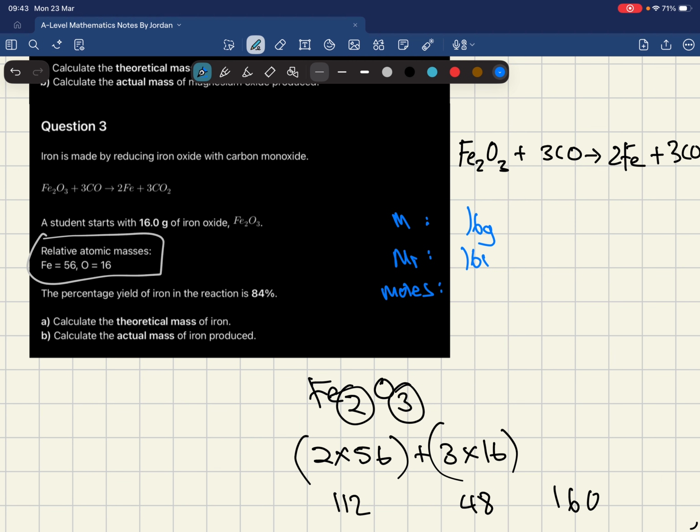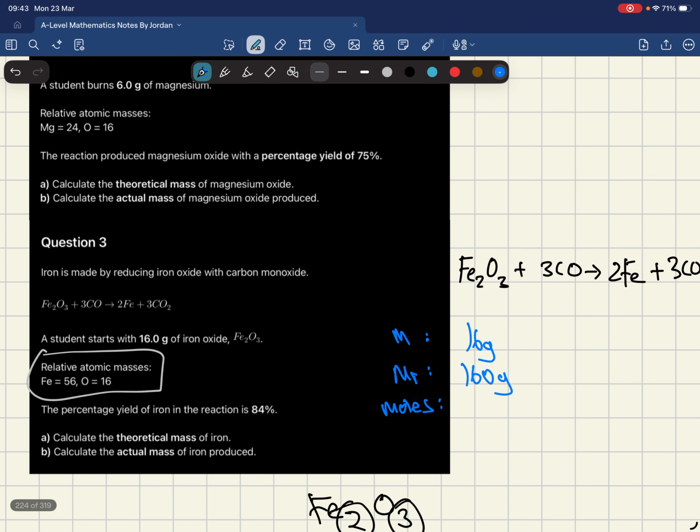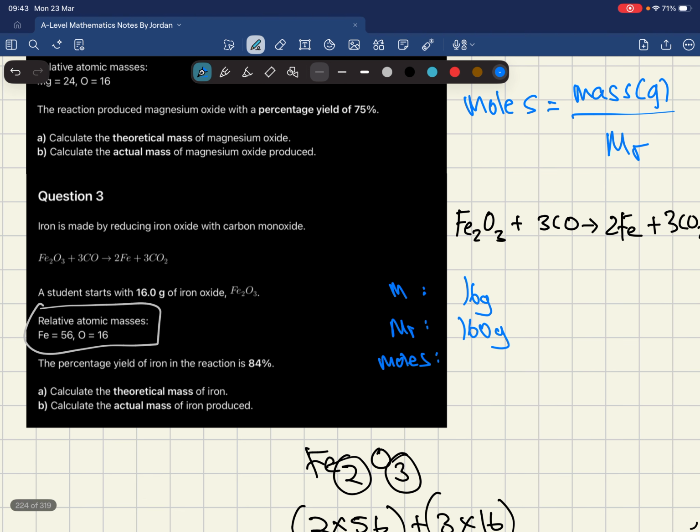So I write that there, and if you remember from earlier, the moles is the mass divided by the MR. So that means it's 16 divided by 160, and you should notice that 16 is a tenth of 160, so this would go to 0.1 moles, and that is your iron oxide done.